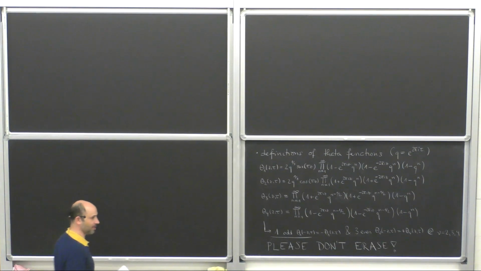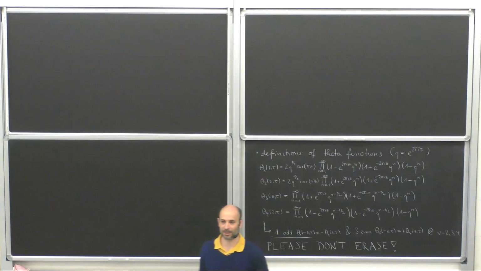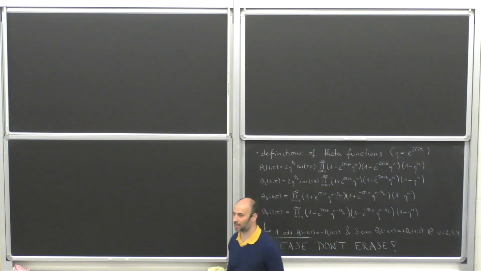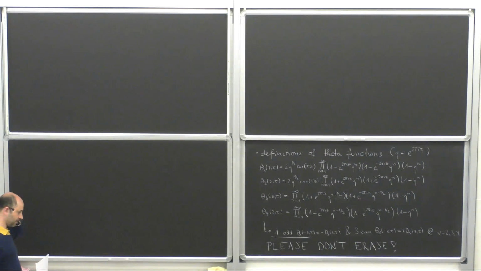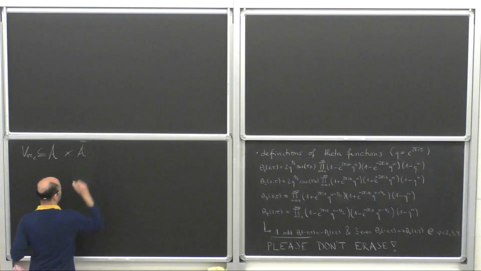So yesterday I introduced some basic facts about conformal field theory in 2 dimensions. The data we're interested in for this 2-dimensional CFT is mostly the chiral algebra. So there is some chiral algebra A which contains the Virasoro algebra with some central charge c, but might be bigger than that. And then we have an anti-chiral algebra, A bar.